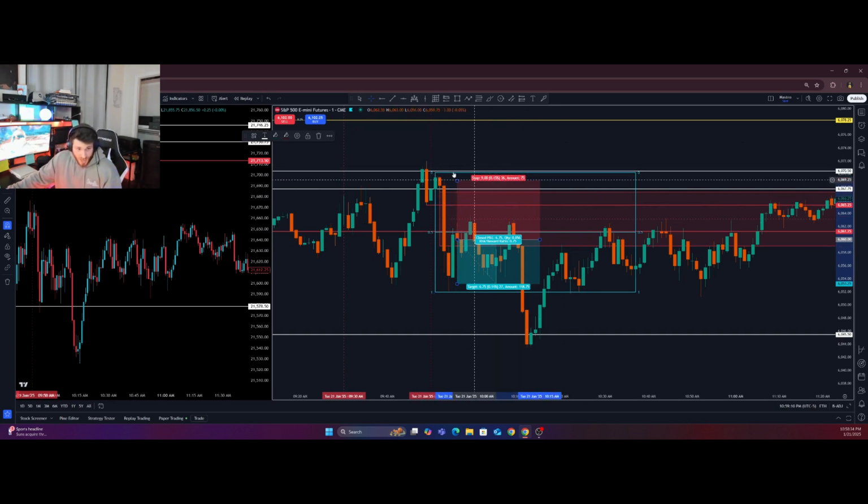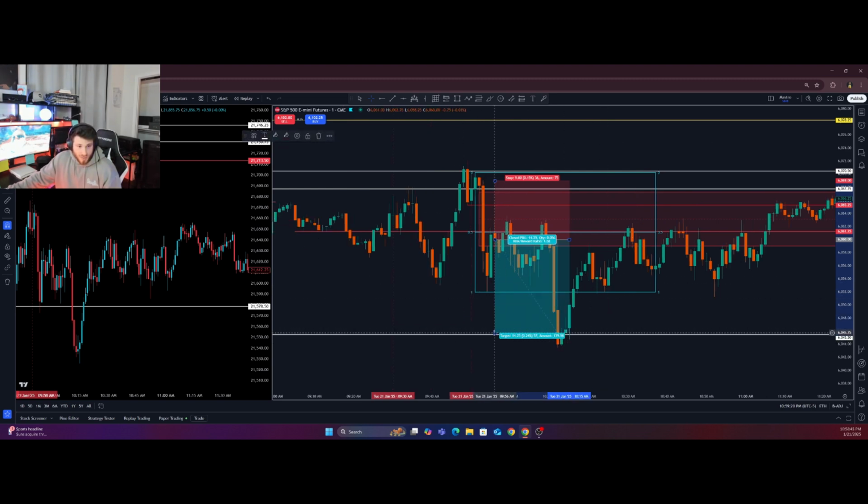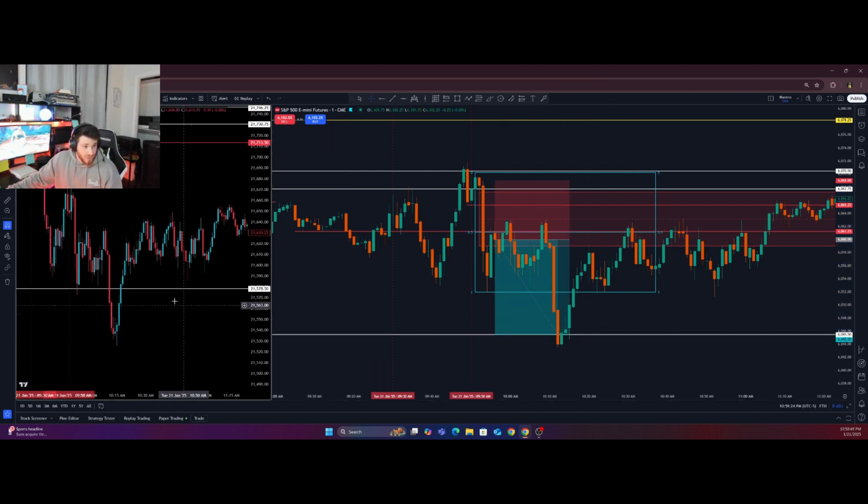But on this trade, I didn't want to risk too much, so I put my stop loss above this candle's high right here, and I put my take profit all the way down at this 1 hour low because I thought price was going to take out these 1 hour lows since it took out two forms of a high time frame sell side liquidity on this side.